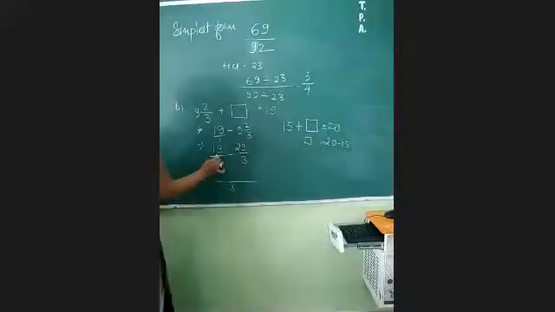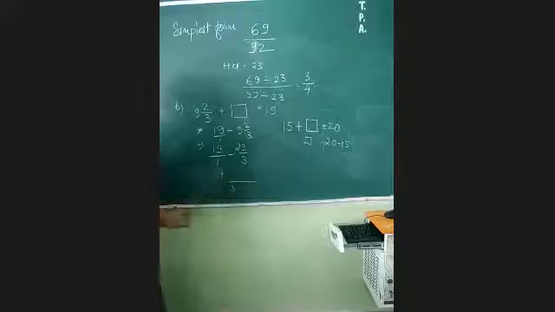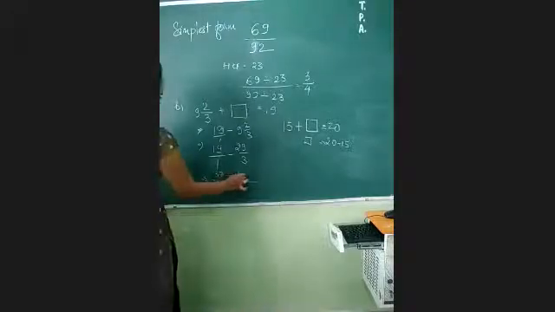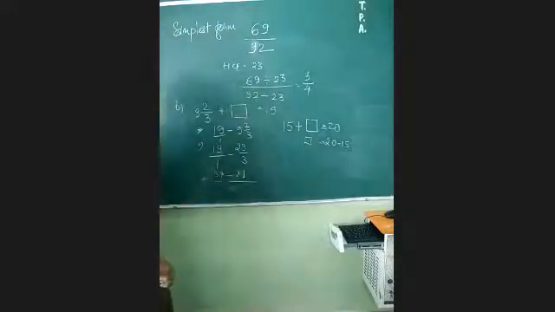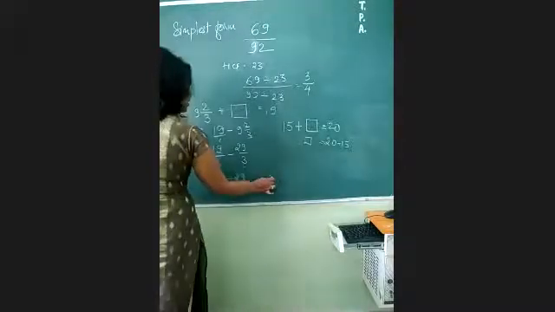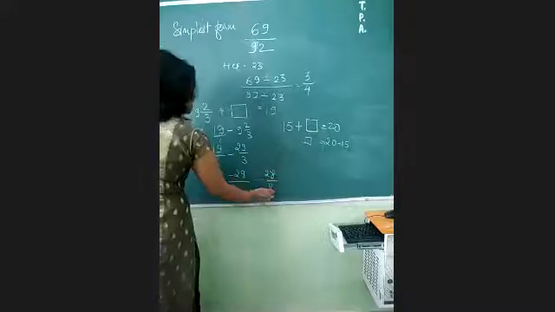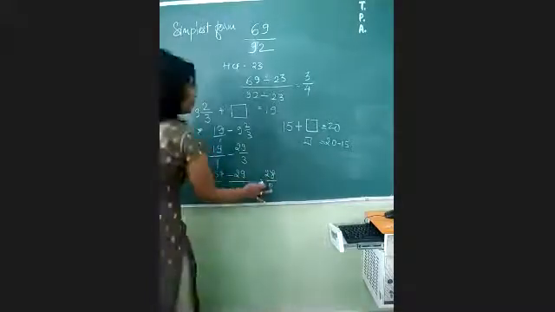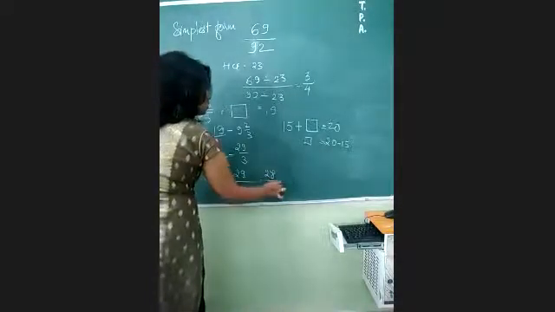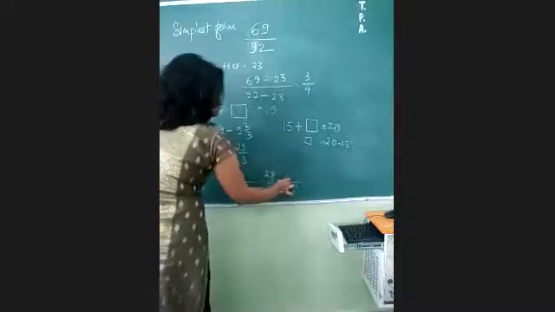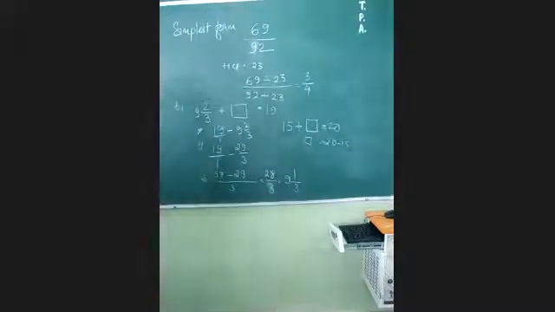When you multiply 19 with 3, it will give you 57 minus 29. जब आप इसको solve करोगे तो 17 minus 9 it will give you 8 and 4 में से 2 गया बचा 2. So 28 upon 3. Now when you solve it, 9 3 are 27, 27 and 1, 28. So 9 whole 1 by 3.